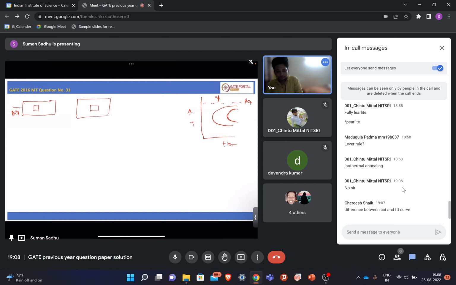Now for CCT, let's say you are initially above the AC1 temperature, so your sample will have austenite only, right? To generate the CCT curve, you have to cool it continuously. Let's say I am drawing the temperature heating cycle.